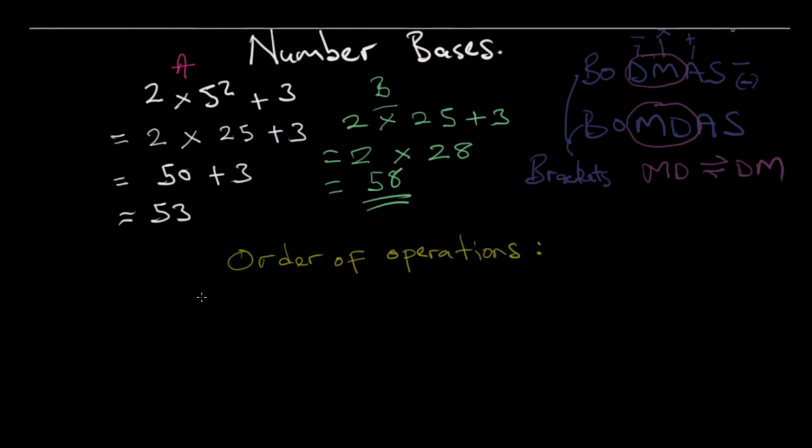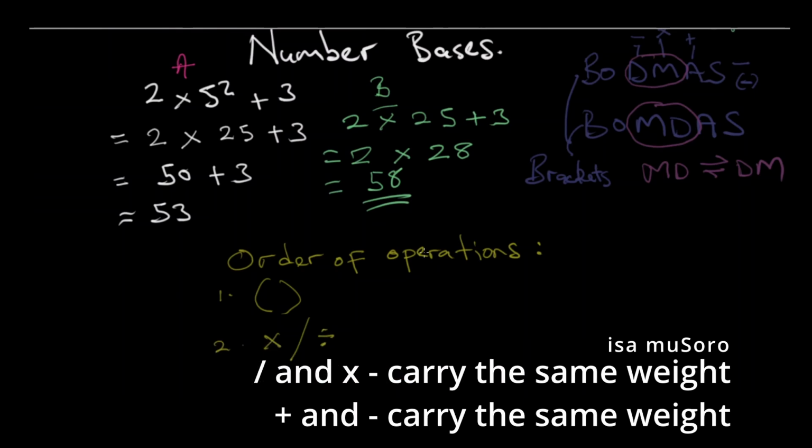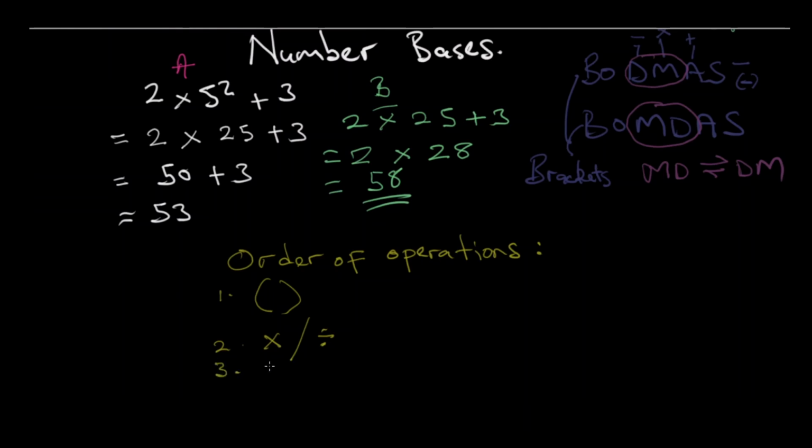This order of operations entails that firstly, you deal with brackets. Secondly, you multiply or divide, and they carry the same weighting. Thirdly, you add or subtract, and they also carry the same weighting. And this arrow indicates value. This is the food chain, if I may say, of arithmetic operations.